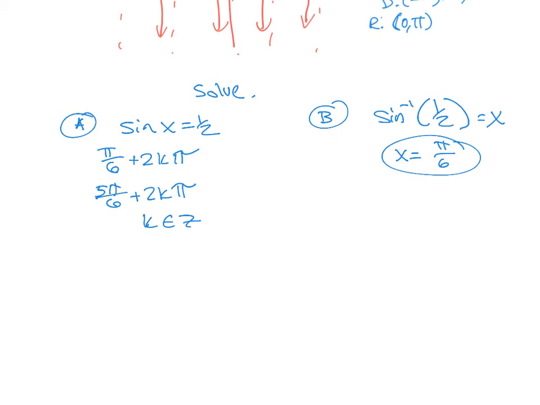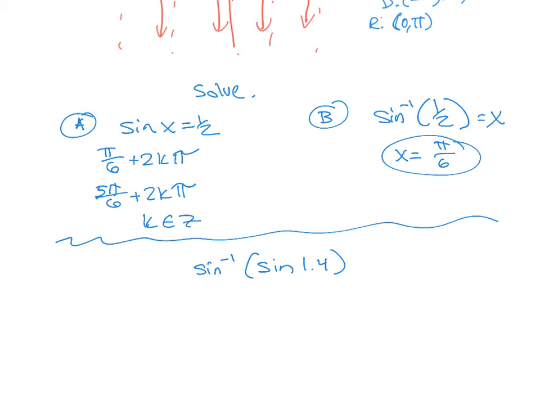Okay, now what about something like this? Let's stick with sine for the time being. What if I said find the inverse sine of, let's say, 1.4. Actually, a few things I want to say.